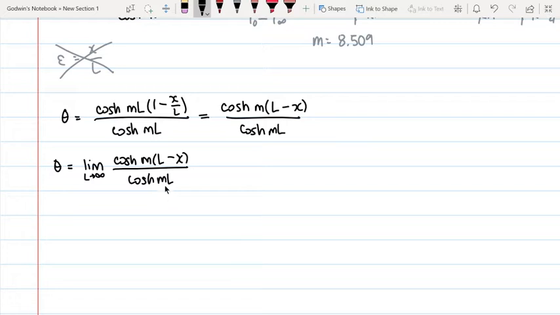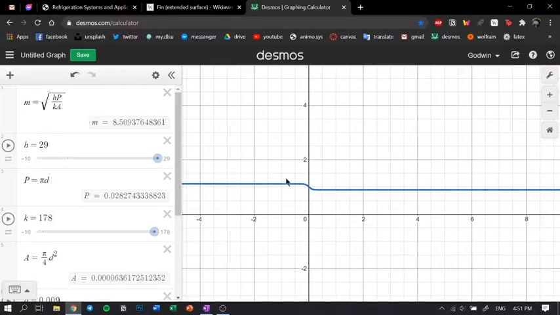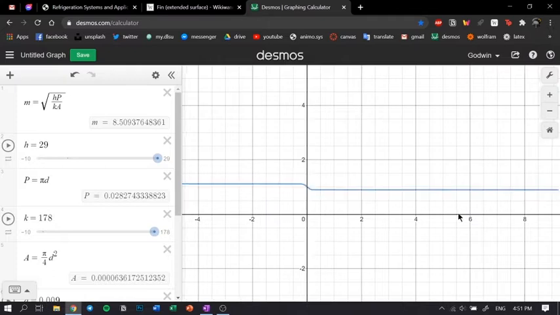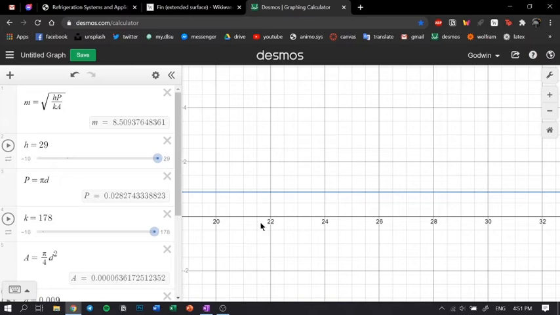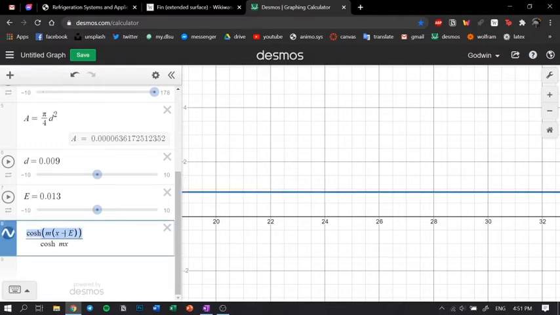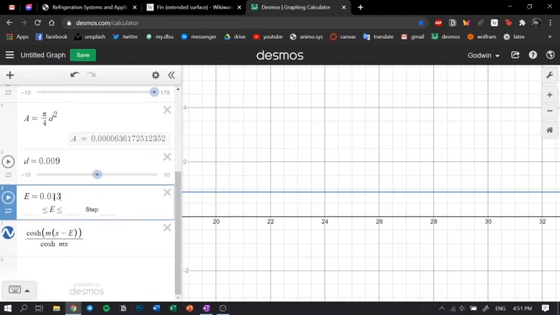So I said I didn't have time to write this down and then compute it. I just left it to Desmos, and then sabi ko, I'll just look at somewhere really far from here. And we have to note that this x-axis actually measures in meters. Kasi I did plug in here D and E. E yung, for now, that's my x because Desmos is finicky with variables like x.